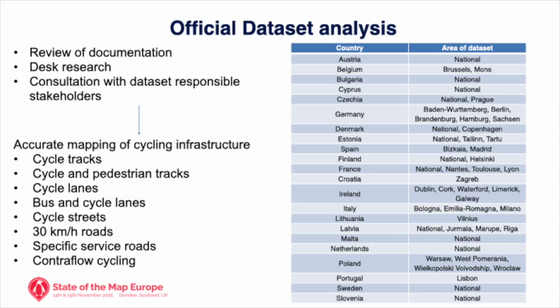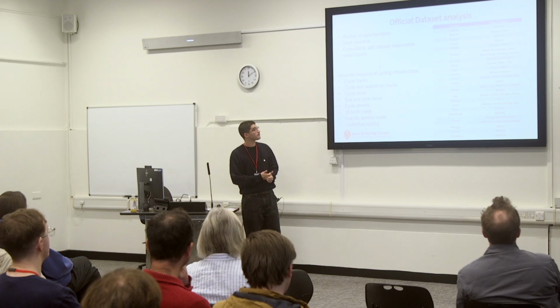Here is the whole table with all the different datasets that we identified. If you know any other dataset that is worth analyzing, that can include infrastructure type and quality parameters, feel free to share with us.